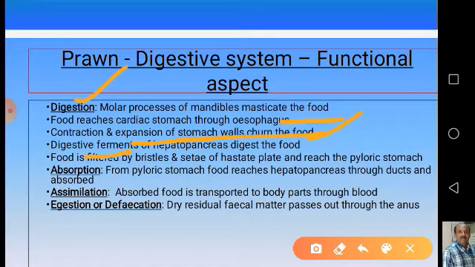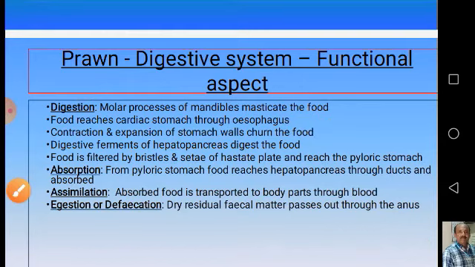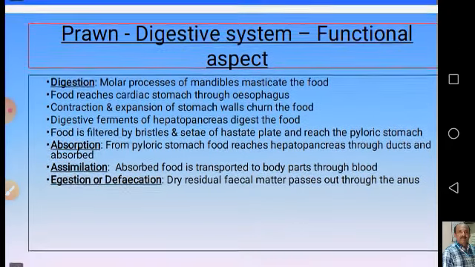In the pyloric chamber the digested food is filtered through the pyloric filtering apparatus, and the filtrate passes into the hepatopancreas along with the remaining digestible material. After passing into the pyloric stomach the food is digested completely, and then the digested food reaches the hepatopancreas through the hepatopancreatic ducts.